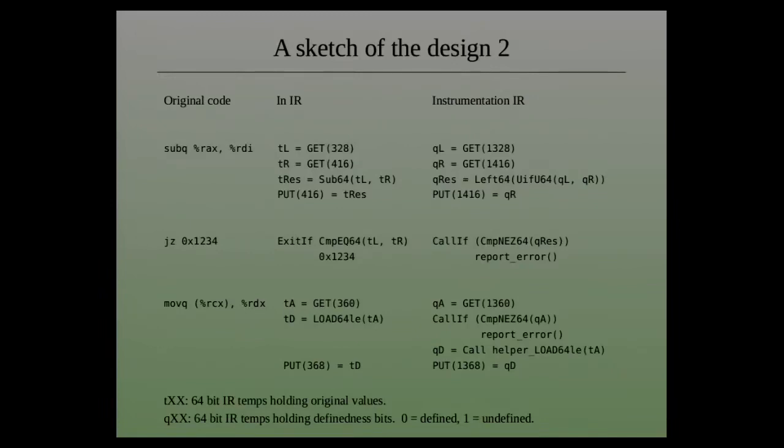Or if you have a conditional branch, then we say in the intermediate representation, we're going to make a side exit based on some comparison result. And similarly, if we have a load from memory, then we fetch the address, do a load, and then put the value back.